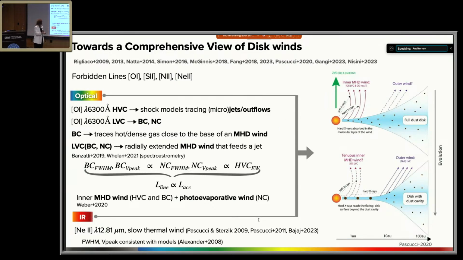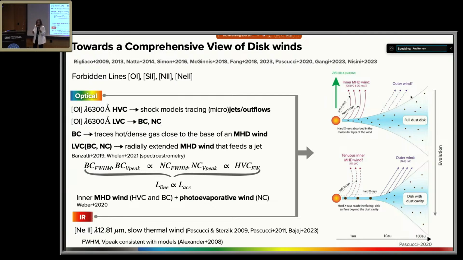And as Nicole was saying, in this recent paper from Pascucci, what they found is very interesting because they link the optical oxygen 1 line and the infrared neon 2 line in a set of discs, full discs and discs with cavities. They found that the discs with cavities do seem to have the low velocity component of the neon 2 line, and that's something you cannot find in the full discs.